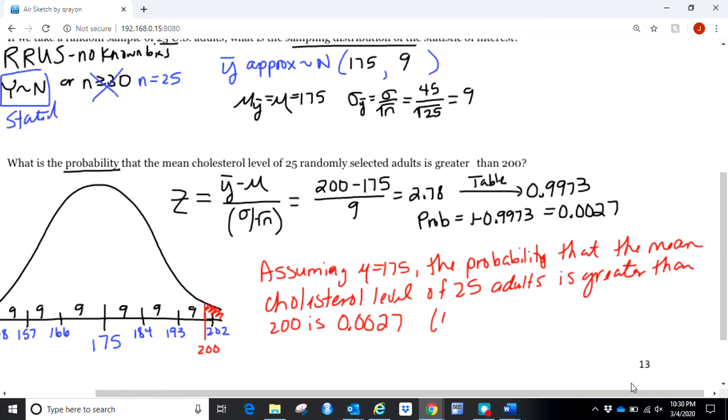So less than a 1% chance of that happening.